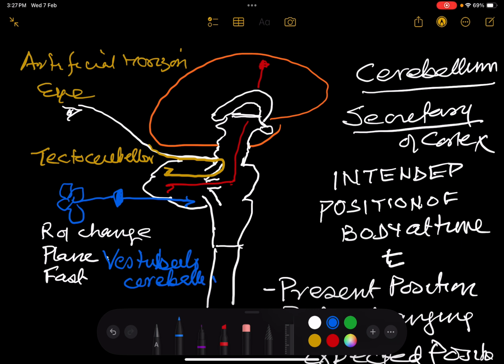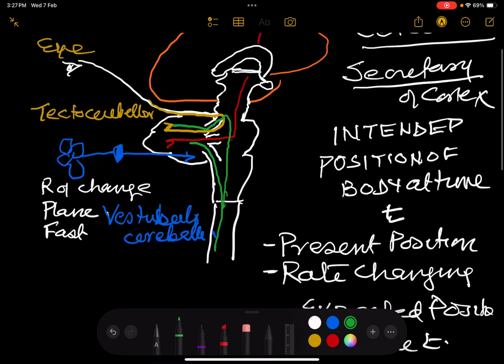Then the third method by which the information would come would be from the spinal cord. Basically through the inferior cerebellar peduncle, and some fibers rise up to the midbrain and come through the superior cerebellar peduncle. Now, what is the information from the spinal cord?